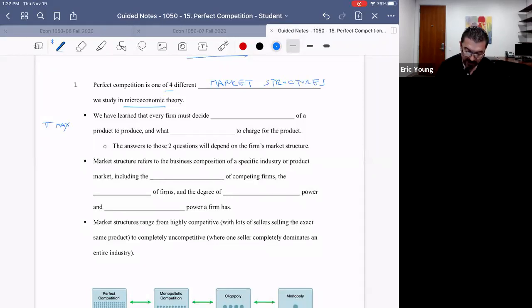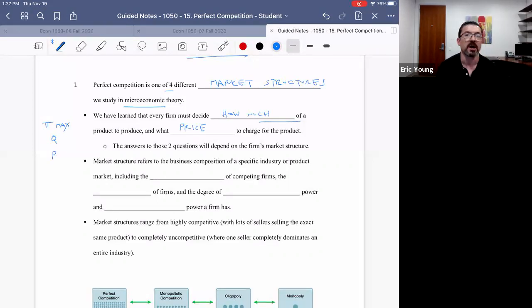We've discussed profit. So we know that every firm has to make some critical decisions, including how much of a product to produce, right? That's the Q question, the quantity or the output question. So a firm has to decide how much of a product to produce, and also significantly, what price to charge.